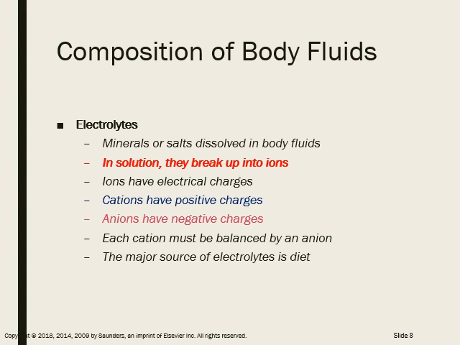In solution, electrolytes break up into ions. Ions have electrical charges. Your cations have positive charges, and your anions have negative charges. Each cation must be balanced by an anion. The major source of electrolytes is diet.